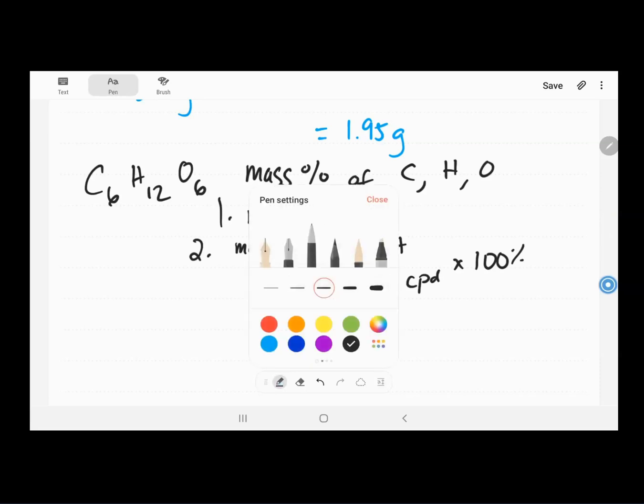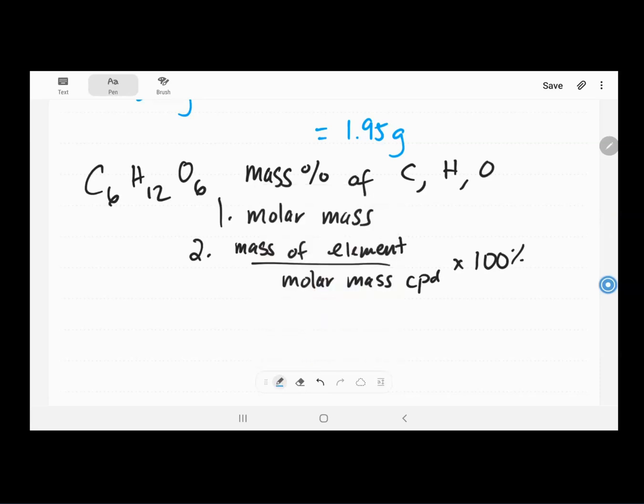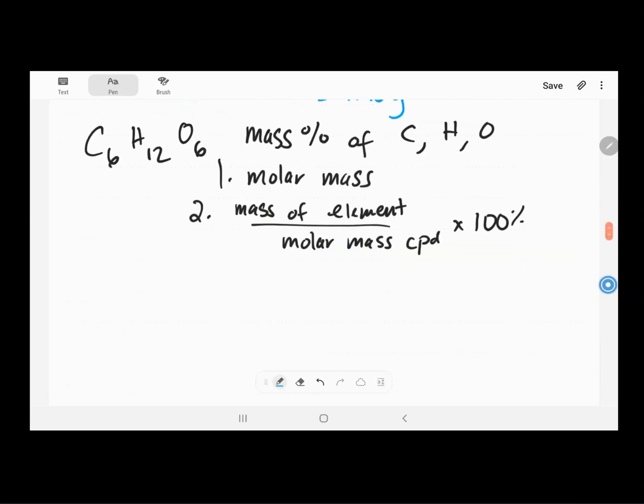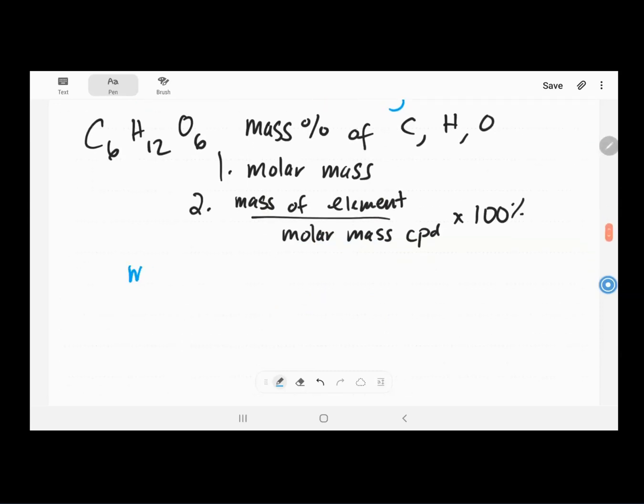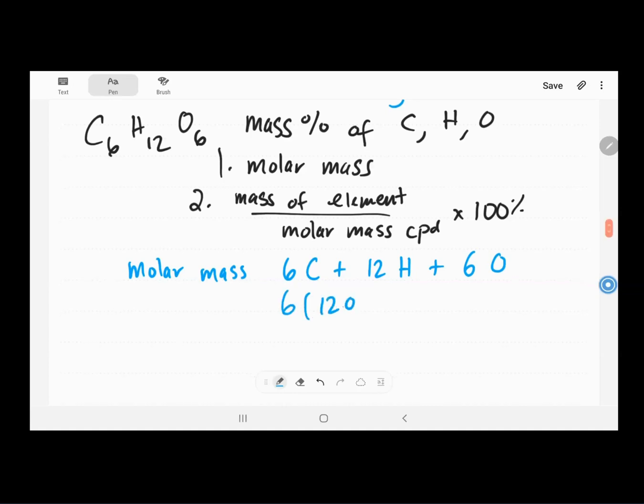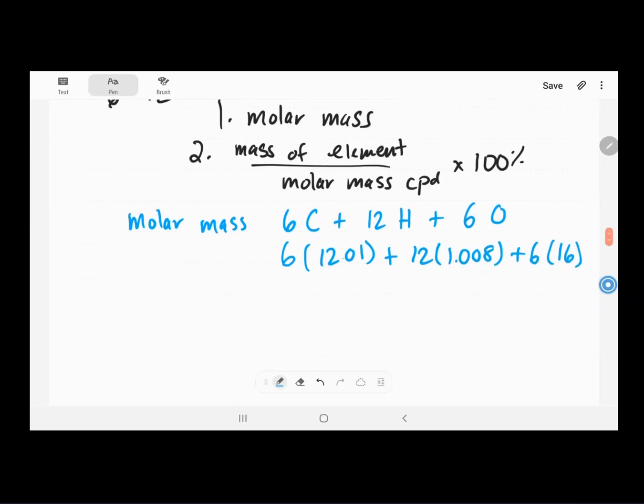So let's go ahead and do this. If we want the molar mass of glucose, that's going to be 6 times carbon plus 12 times hydrogen plus 6 times oxygen, which is 6 times 12.01 plus 12 times 1.008 plus 6 times 16.00, technically.